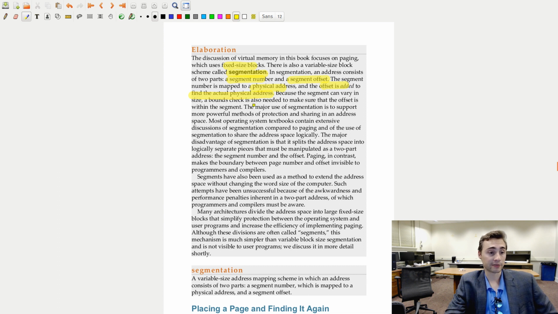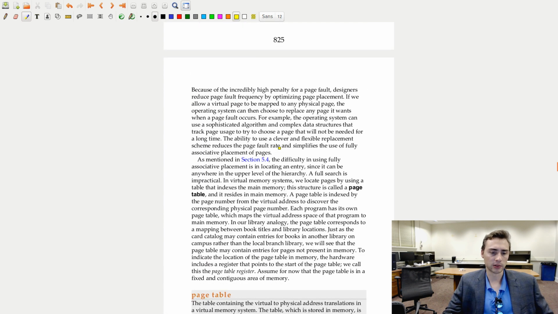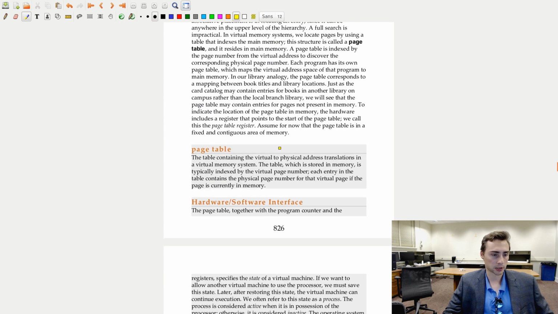Because the segment can vary in size, a bound check is also needed to make sure that the offset is within the segment. This is used for more powerful methods of protection and sharing within an address space. But this is an operating systems concept, and we'll likely look at that in the operating system portion.